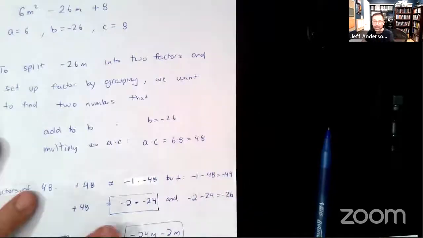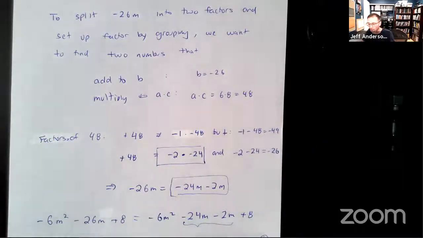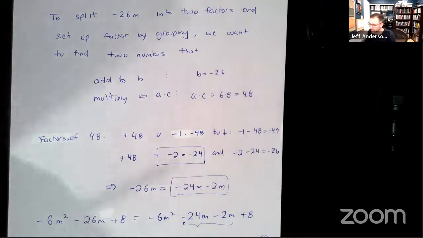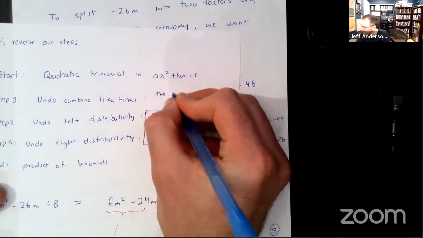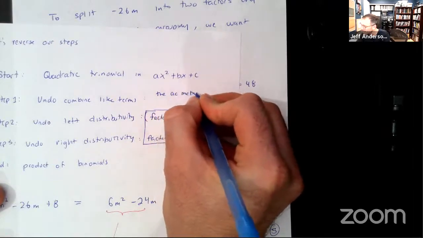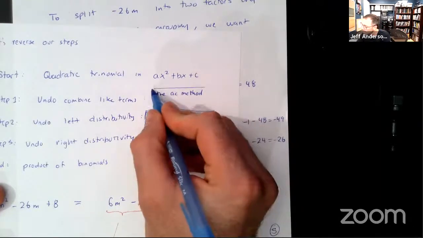And here it is. So we're going to call this mechanism that we just developed, undoing combining like terms, the AC method. We actually just developed our own method of undoing multiplication.